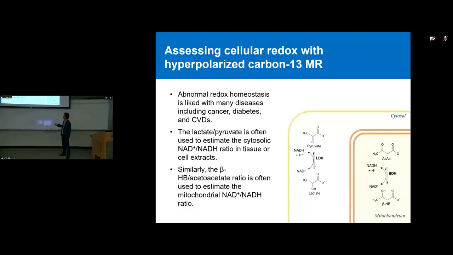Some of us probably remember that mitochondrial dysfunction is present in many metabolic diseases, and one of the outcomes of that is you have an accumulation of NADH, the reduced form, and the redox of the mitochondria is not going to be normal.